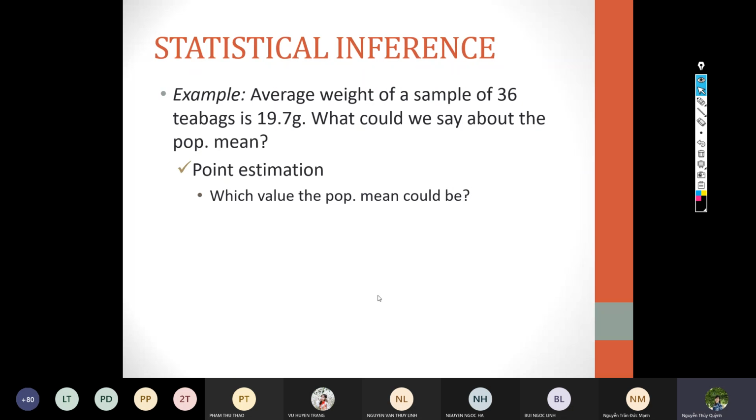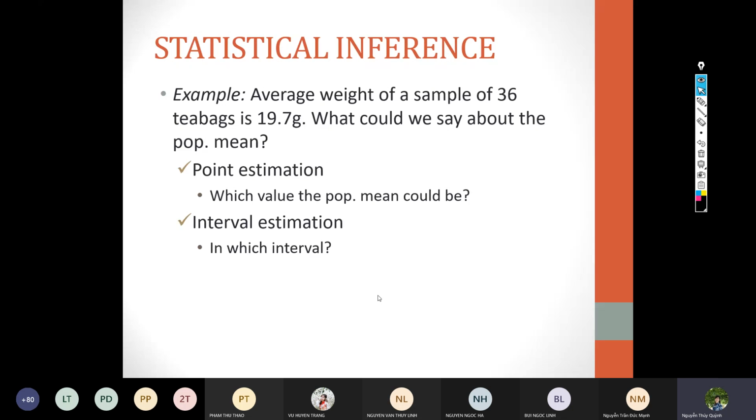However, in fact, the population mean or the average weight of all tea bags manufactured by this company can be 19.7 grams, but it can also be a little different from 19.7 grams. It can be 20 grams, it can be 19.5 grams, for example. So to make us safer, we want to use the interval estimation. From the point estimation, we usually broaden the range.